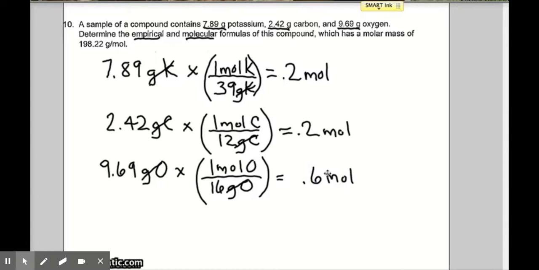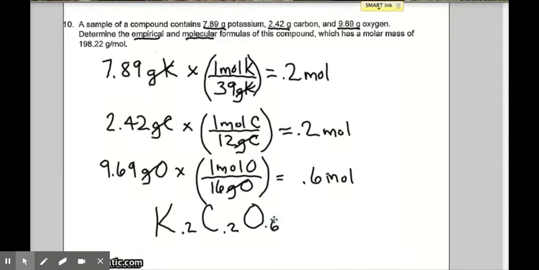So these decimals that we have here would be our subscripts if we wrote out the empirical formula. We would have potassium 0.2, carbon 0.2, oxygen 0.6.